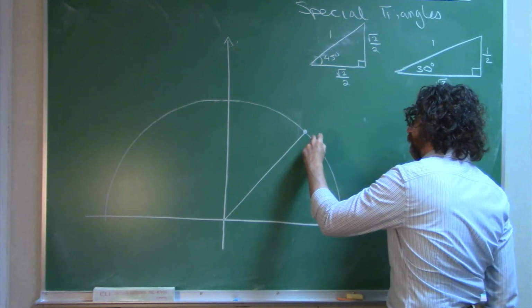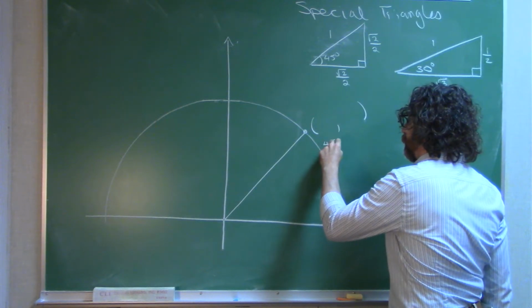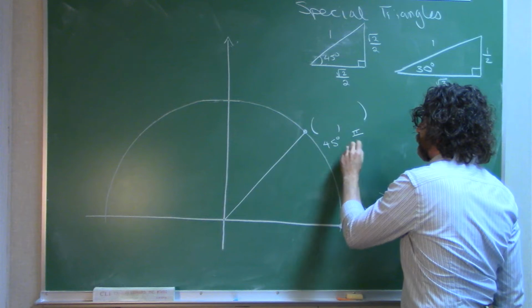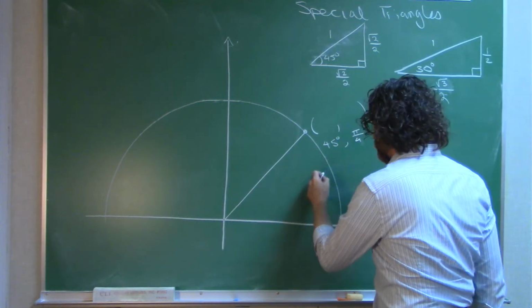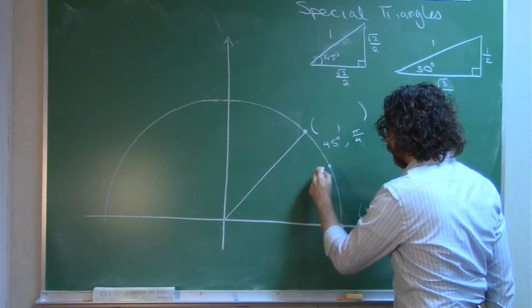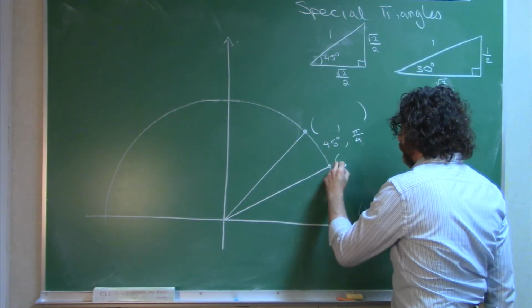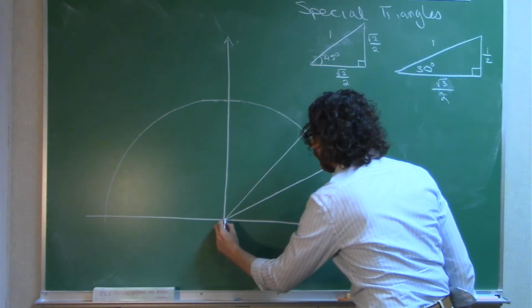So 45 degrees, or in radians, pi over 4. I'm also going to consider a 30 degree angle, which would put us somewhere right about there. I want to talk about the coordinates of these points I'm highlighting.